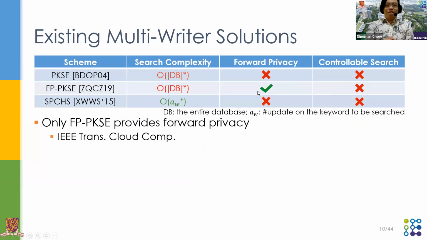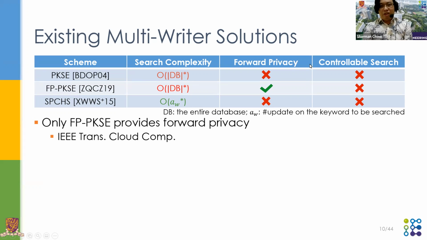There is a little bit of research on something related. Of course, we still have our first public key searchable encryption by Boneh et al. in Eurocrypt 2004. To quickly recap, the search capacity is linear in the database size. This little star means each operation is actually a public key, or asymmetric, operation.